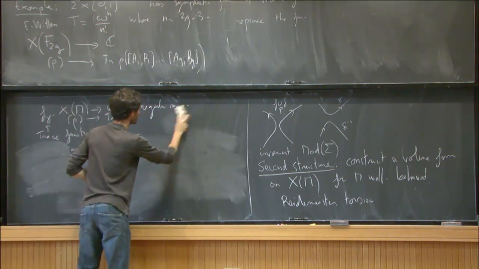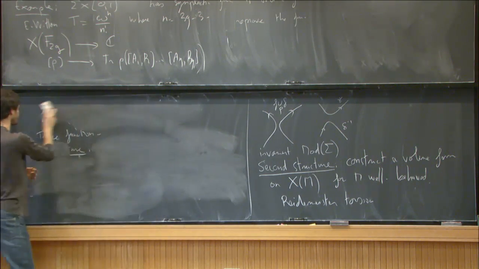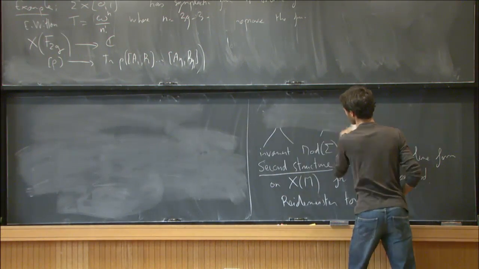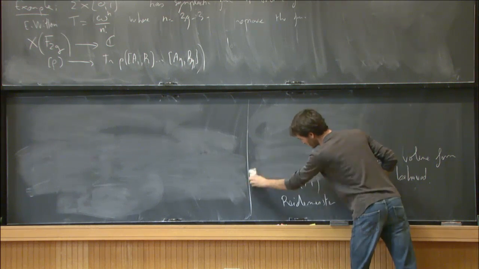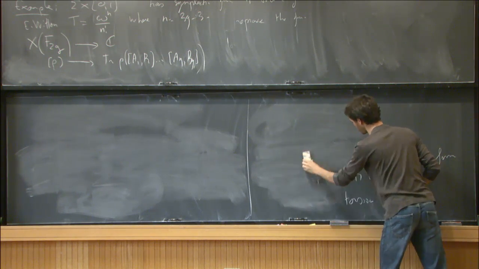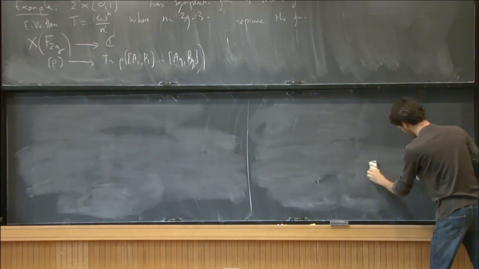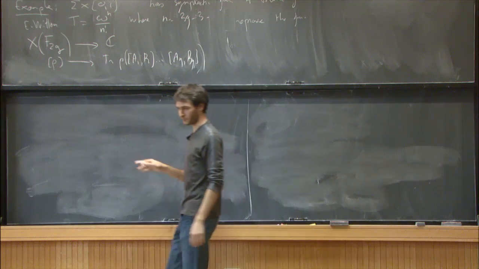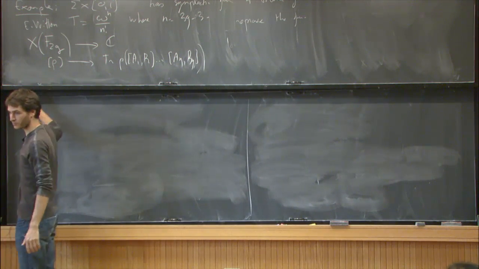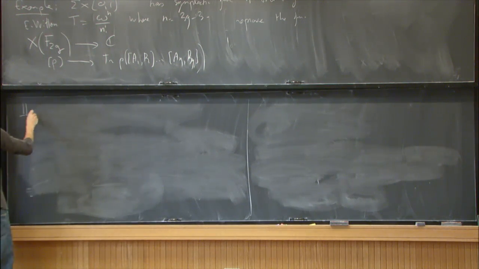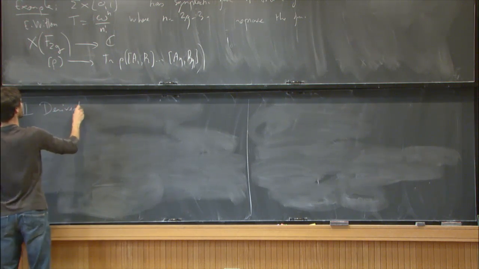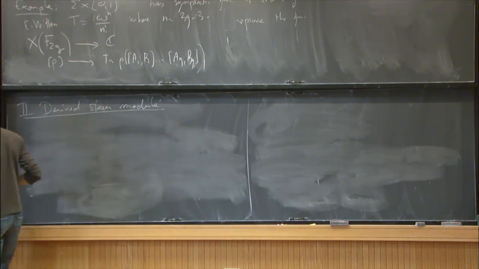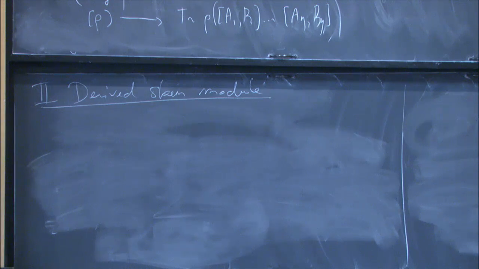But first, maybe I have to explain what is a skein module, which is a very nice topological construction, which has been invented for the purpose of defining Jones polynomials. But this is not really my point here. I use it for other purposes. So let me recall very quickly what is a skein module in general.